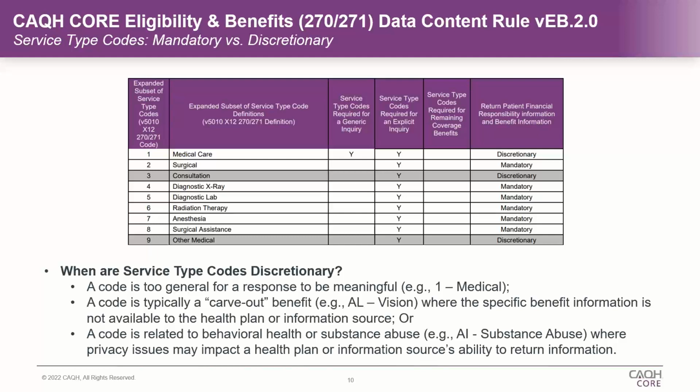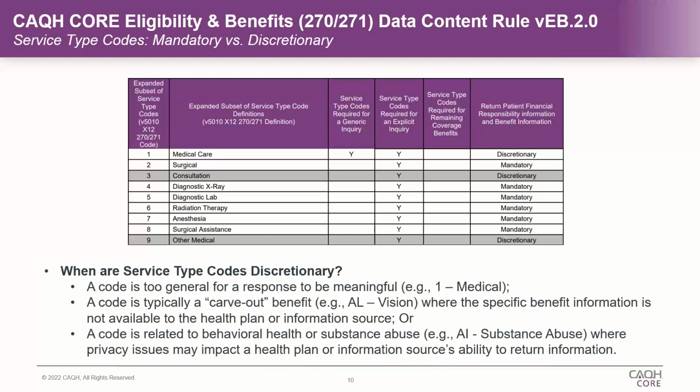When those explicit STC codes come in, because the provider is looking for something specific perhaps, there are certain types of benefits that we have deemed core, the core body, core participating organizations have defined as discretionary. And that means oftentimes that the code is either too general or generic.